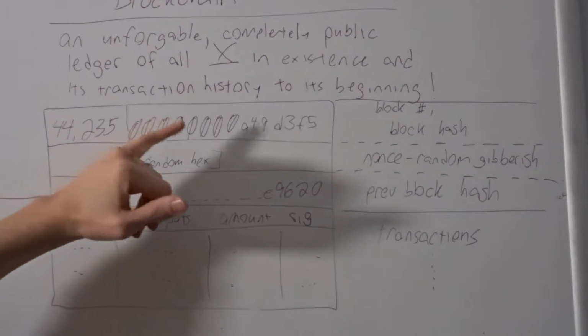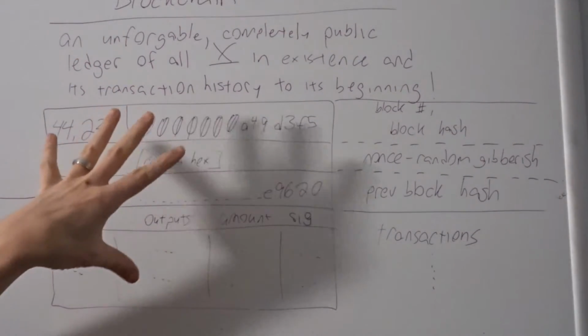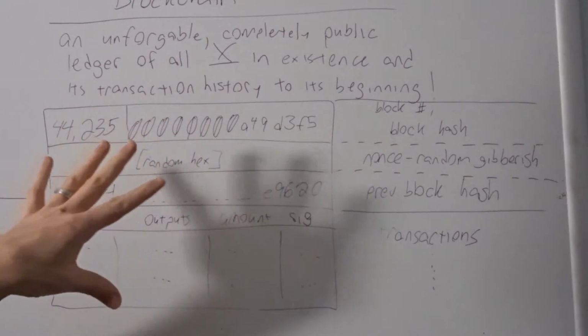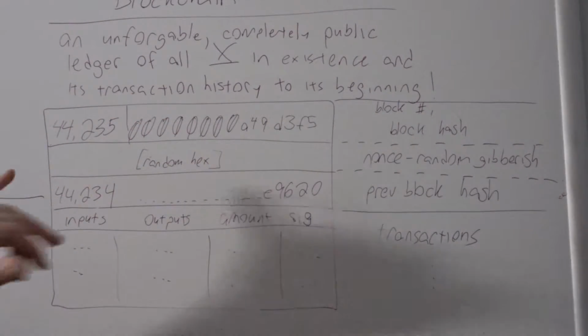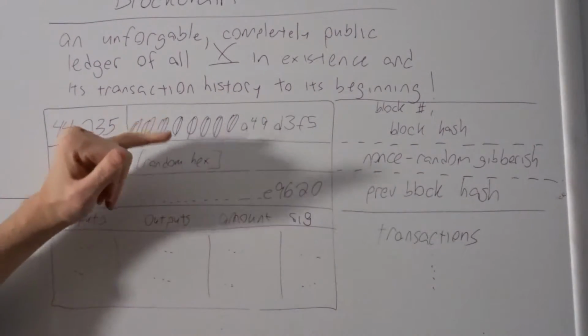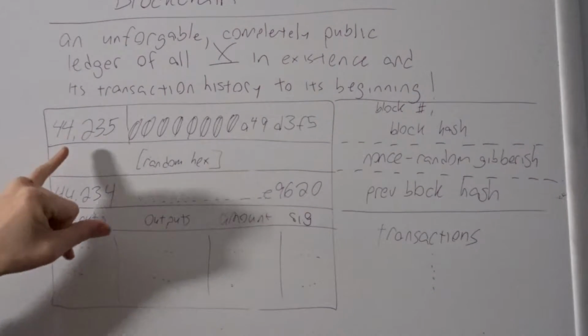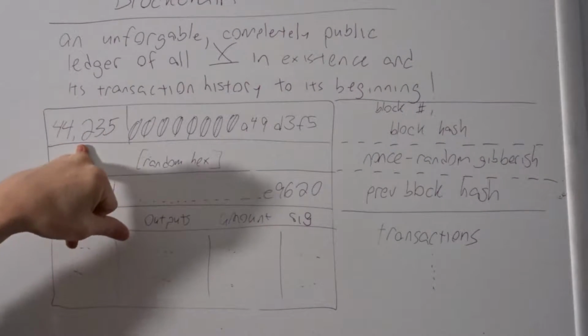But in this case, if we need to get this many zeros, what a miner has to do to create a block that everyone will validate as valid is create different random gibberishes and keep trying them until as many zeros are in the hash as the difficulty level for that block requires.